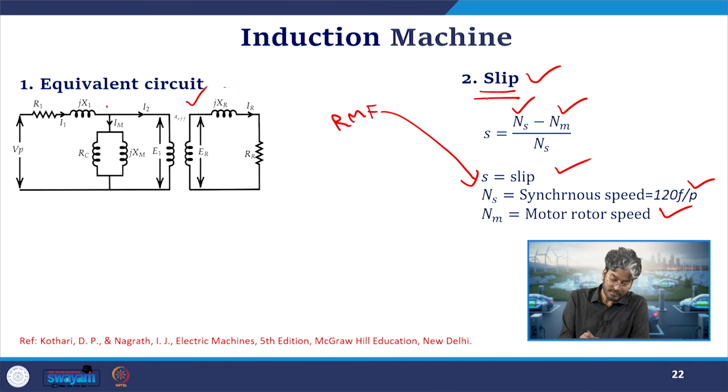The slip increases with the loading of the motor. No load slip will be much less, whereas full load slip will be slightly higher than the no load slip, because more torque is required. So there should be more induced EMF, so the speed will decrease slightly.